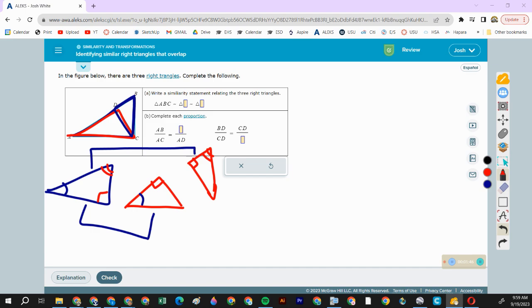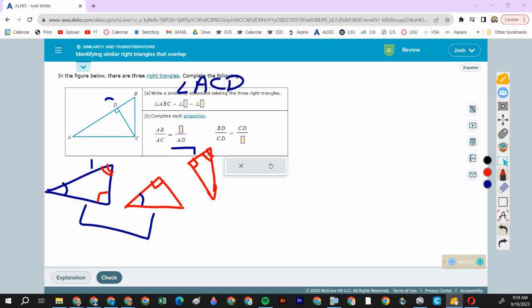So this is saying ABC, so A, B, C, so small angle, middle angle, right angle, is similar to, if I do this triangle, I need to do small angle, middle angle, right angle. So that would be angle ACD.